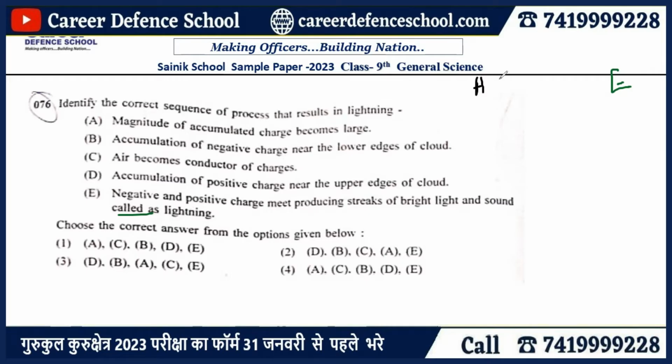We need conduction, so option C should be the second. Then accumulation of negative charge near the lower edges of the cloud, that is B. Then accumulation of positive charge near the upper edges of the cloud, that is D. Okay, positive, negative, positive charges.